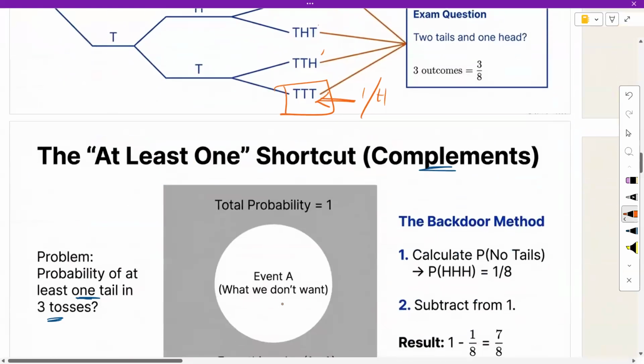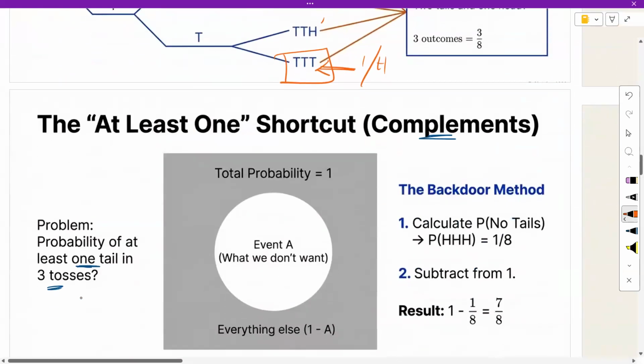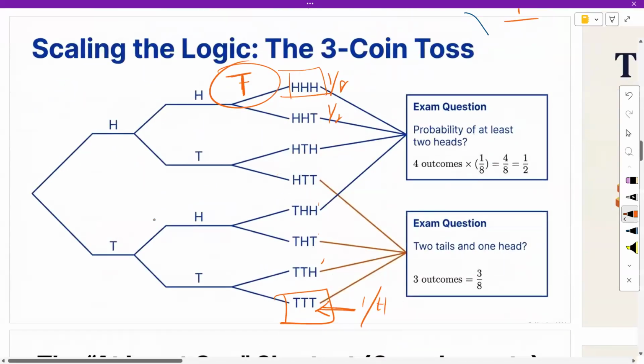If the question is the probability of at least one tail, except this one, in all other outcomes we get at least one tail.